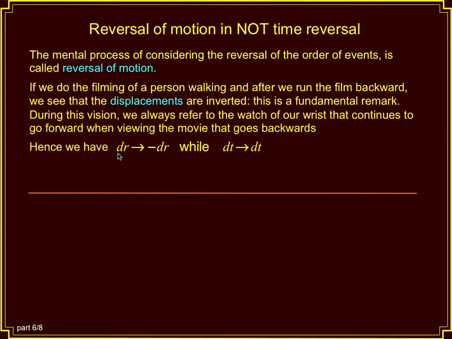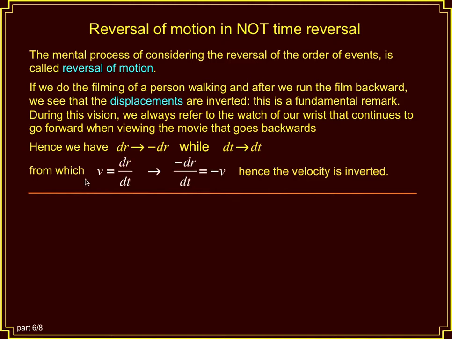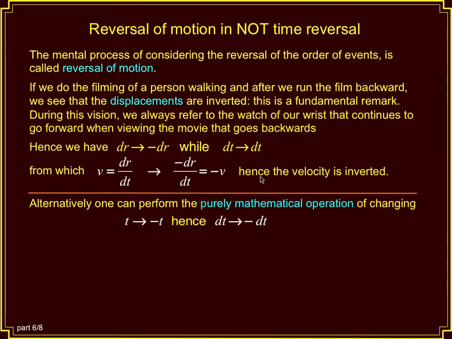Hence, dr is transformed into minus dr, but dt is unchanged, from which velocity changes sign, because it is the infinitesimal displacement that changes sign. For this reason, in the reversal of motion, the velocity is inverted.